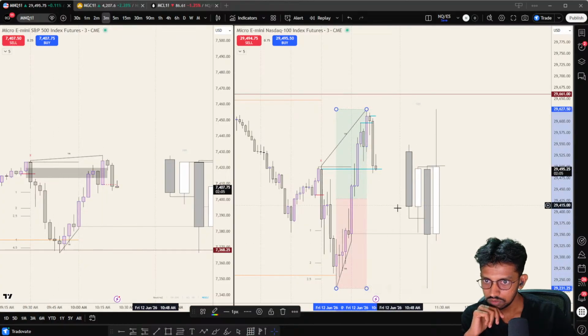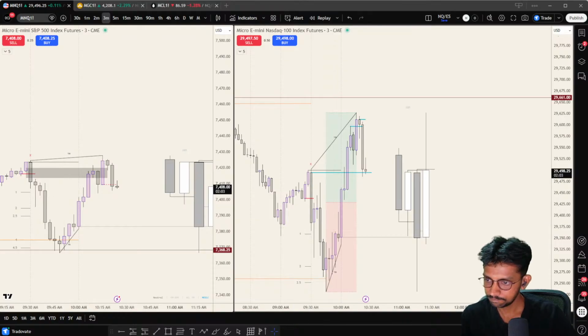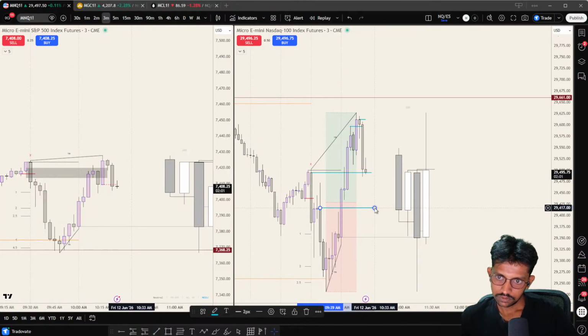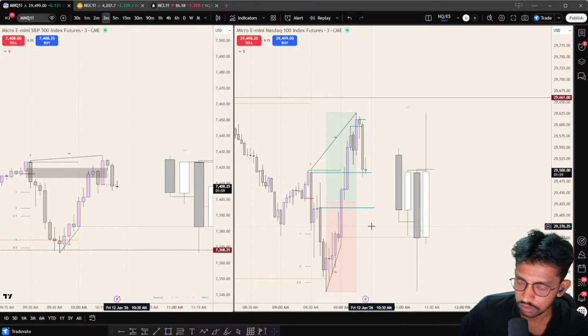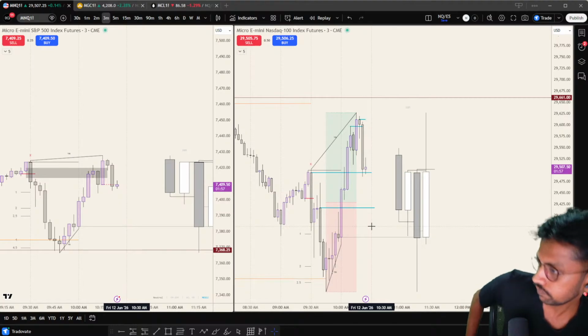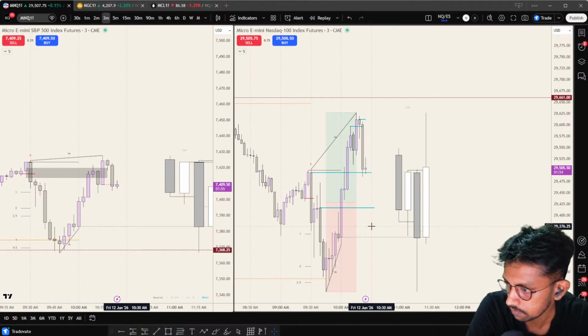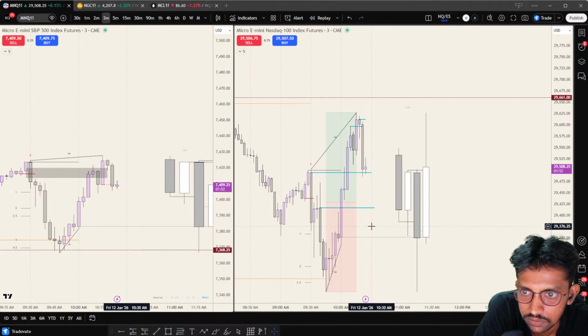Let's swing. Yeah. This is the last line in the sand which can hold it and push higher. If that doesn't, then just wait.